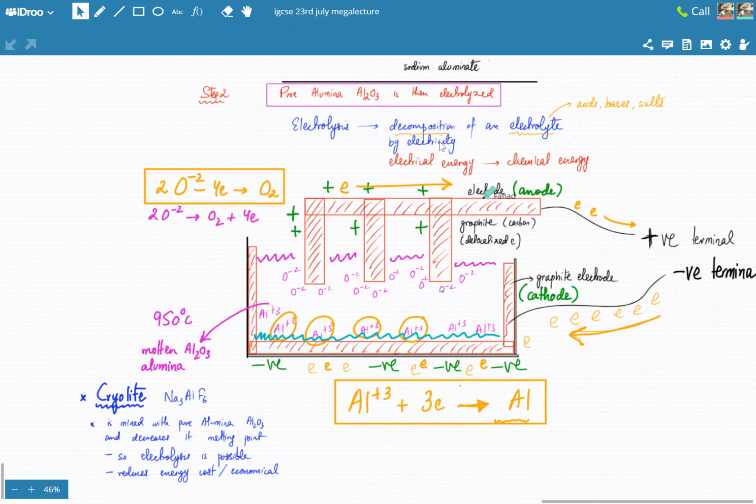So there's going to be a reaction over here. The carbon or graphite electrode catches fire because the temperature is very high as well, and starts to burn in oxygen.